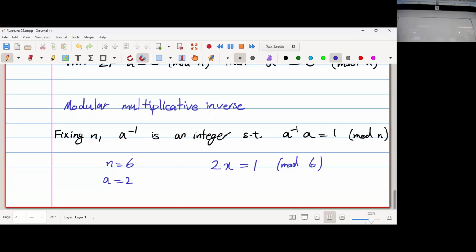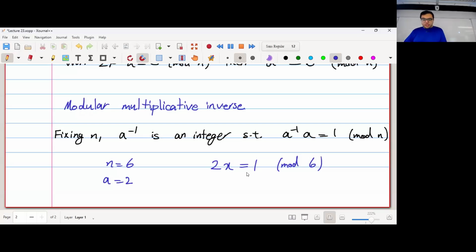Because forget about the modulo part, 2x is always going to be an even number, right? So this side is even, this side is odd. If I subtract them, I will get an odd number, and an odd number cannot be a multiple of 6. So I can never find any number x such that 2x is equal to 1 modulo 6. So this means that 2 doesn't have a multiplicative inverse when I'm doing calculations modulo 6, which means that I cannot cancel 2 from the two sides of an equality.